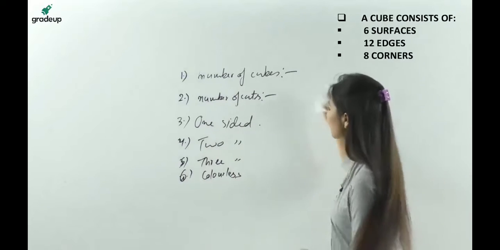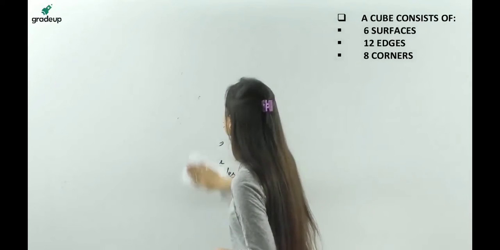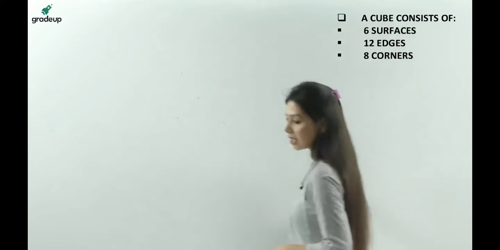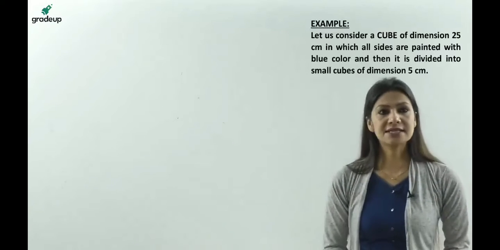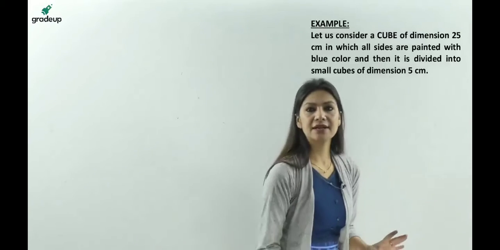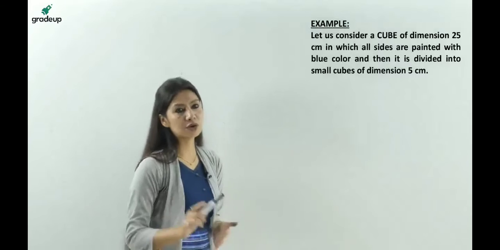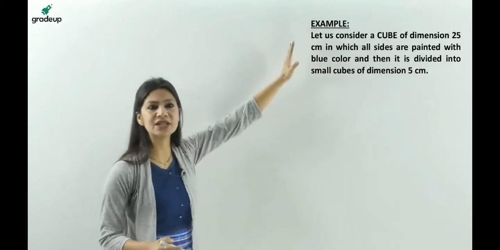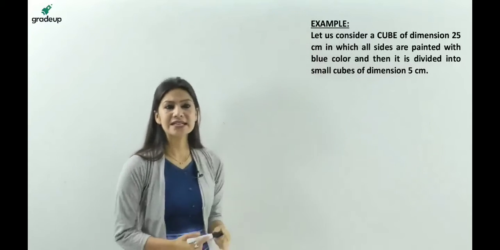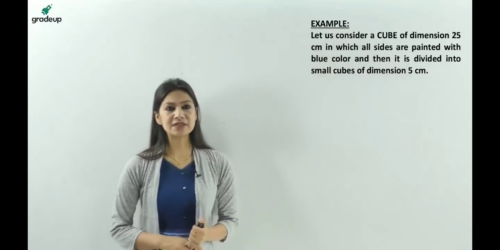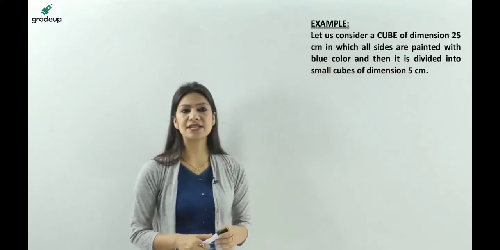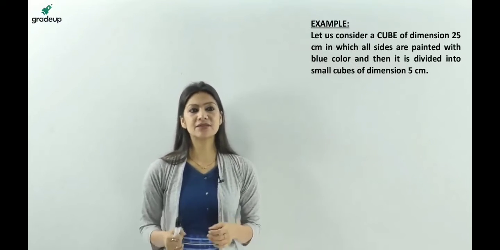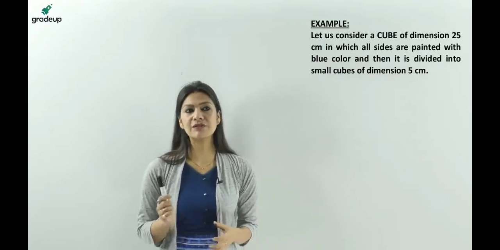For that, let me take one example which will make you understand each and everything. Just listen to me only, okay? If the things are clear to you, all okay. If not, then let me know. So this is one example. Let's read the example first of all. Let us consider a cube of dimension 25 centimeter in which all sides are painted with blue color, and then it is divided into small cubes of dimension 5 centimeter.